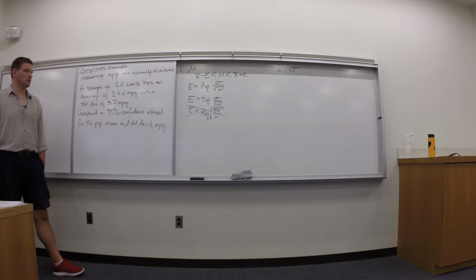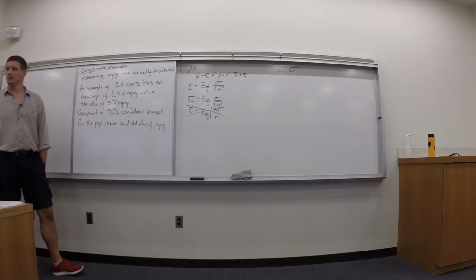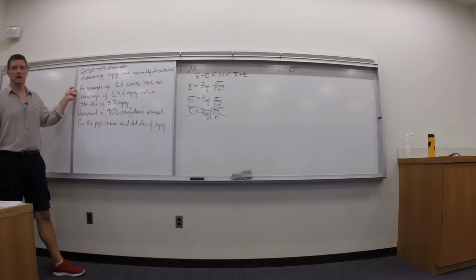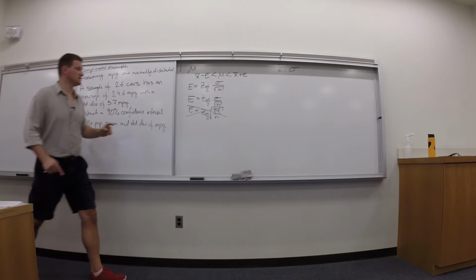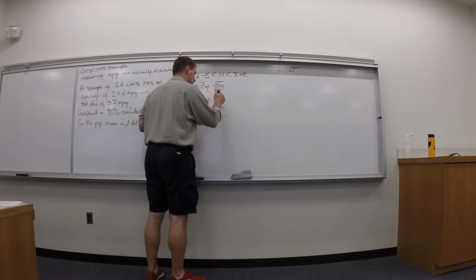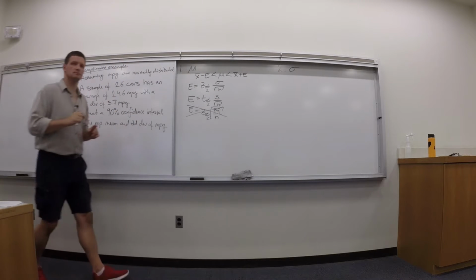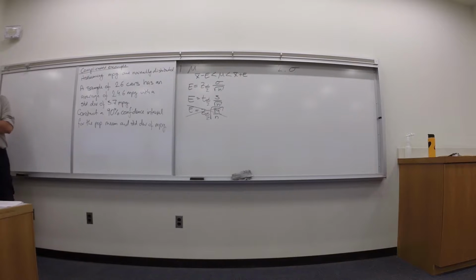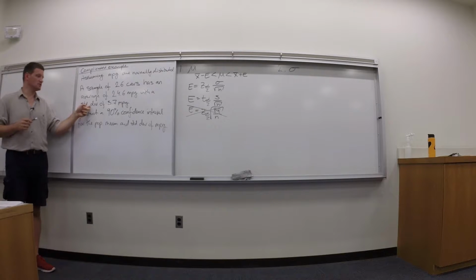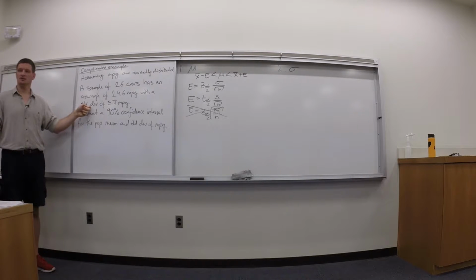And so, what do we have here? What kind of information are we given? Ooh, I made a mistake. Nobody caught me. So that was a mistake. Given 3.7 standard deviation. Which standard deviation is this? S or sigma?